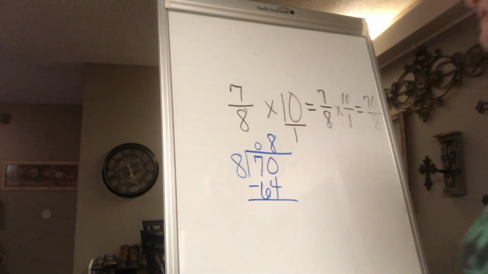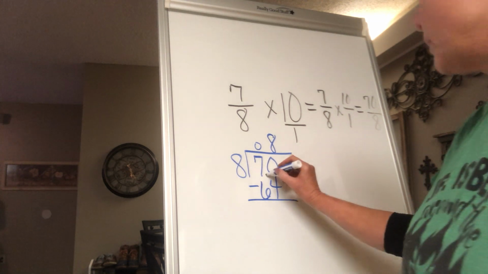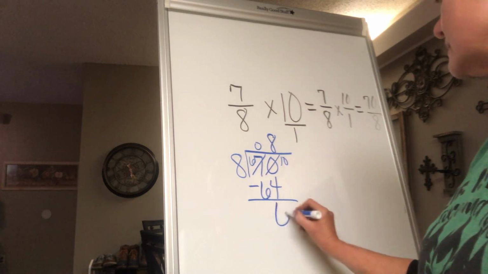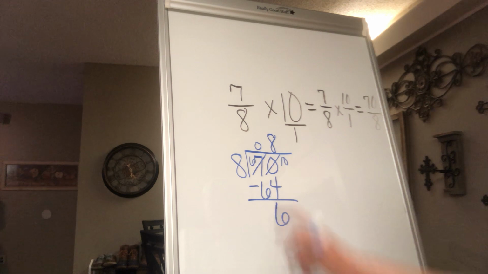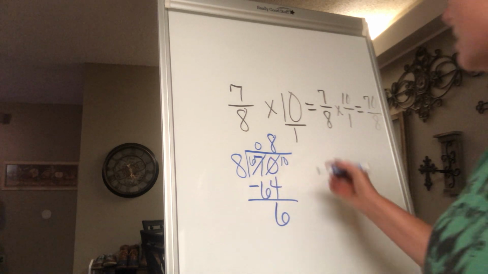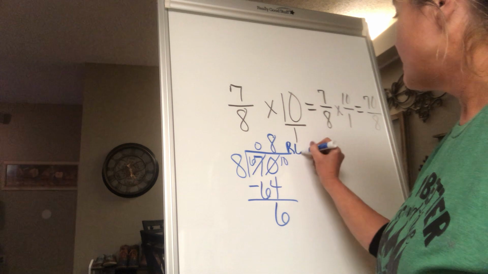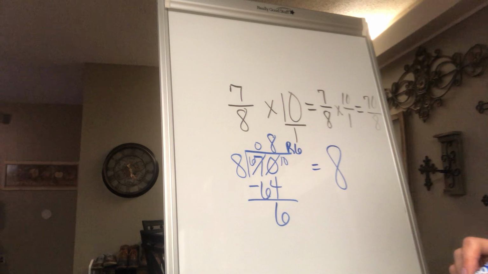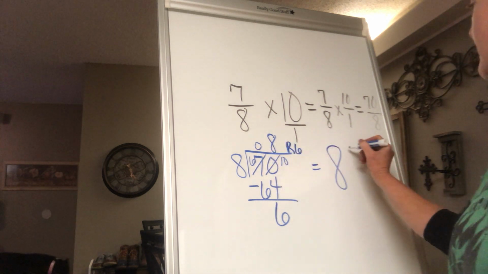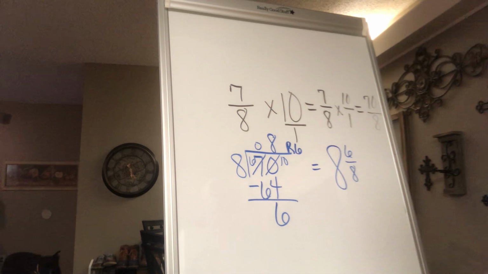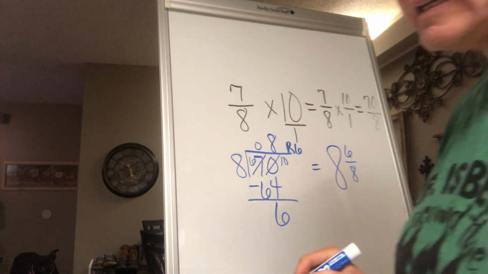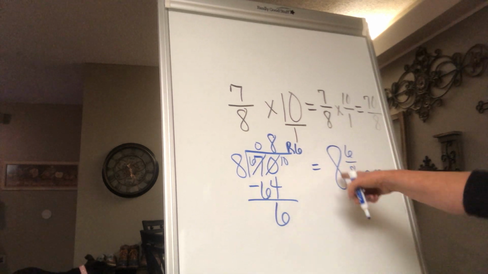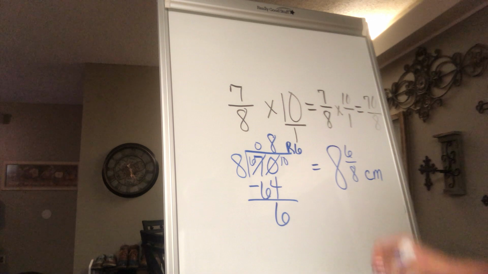Then I subtract, have to borrow here. 10 minus 4 is 6. Okay, so 8 won't go into 6. There's nothing else to bring down. So I have a remainder of 6. So I have 8 whole ones and 6/8 left over. That makes sense. So a stack of 10 of them would be 8 6/8 centimeters.